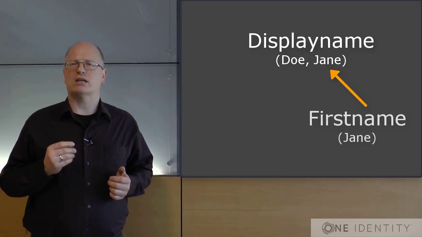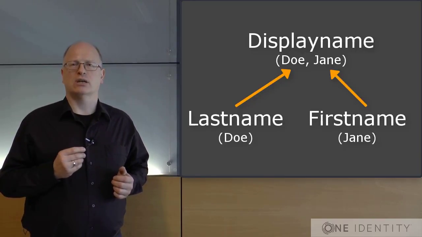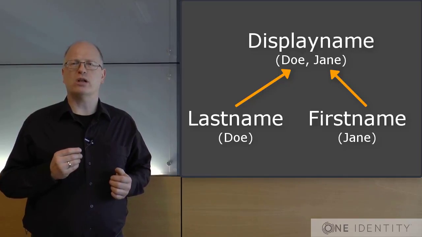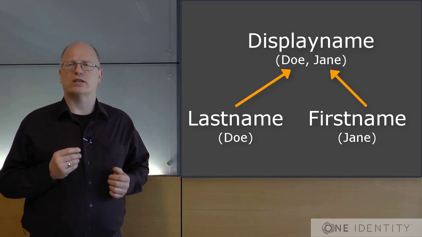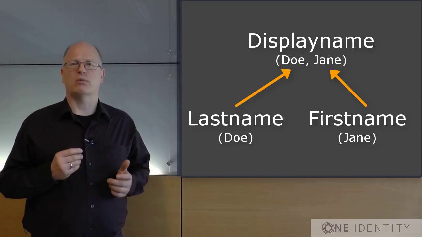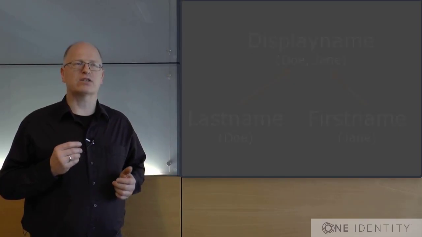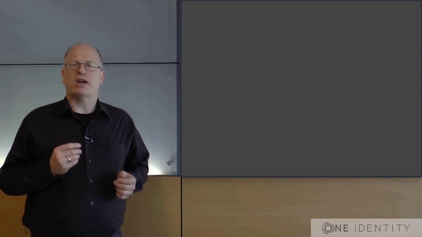The display name typically gets generated out of first name and last name on a person object. So a template for the display name will concatenate these two strings together. Maybe last name, comma, first name. Templates also work well with cross-table references.